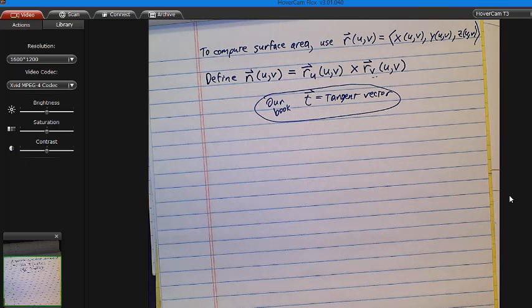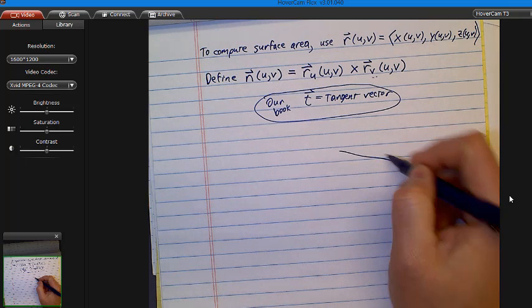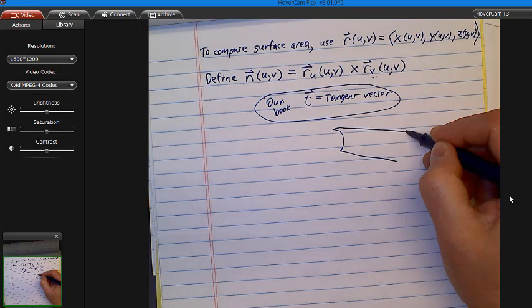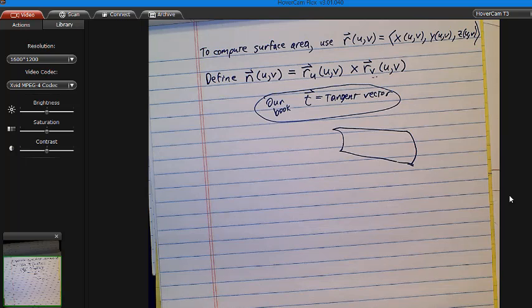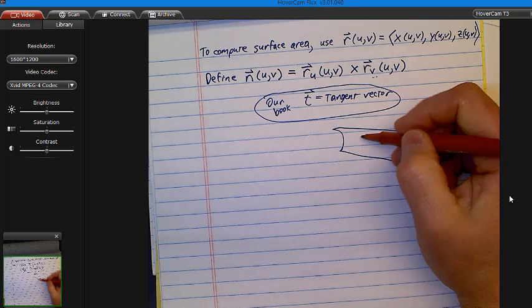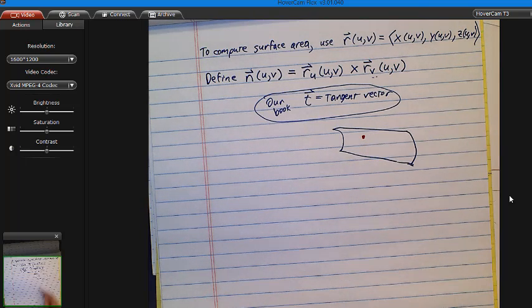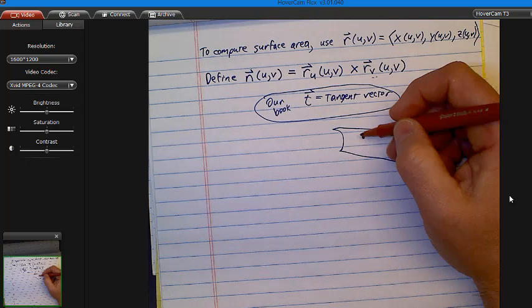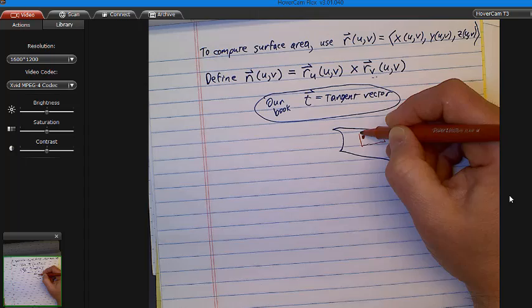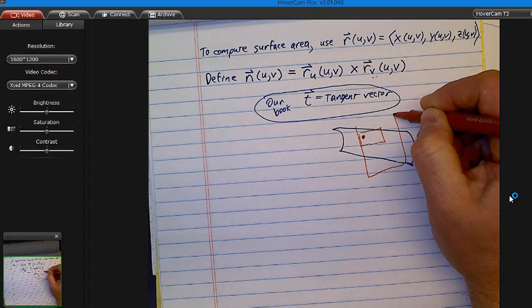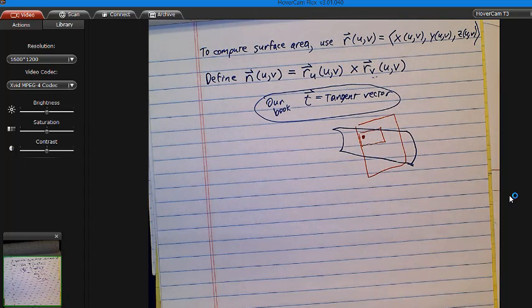So, boy, do I dare try to be artistic? Yeah, we're going to try. You see that? That's a surface. Here's a point on the surface. Does it look like a point on the surface? Okay. So you could have, boy, can I draw it? I don't know. Like a plane tangent to that. And see, now's when I'm losing it.